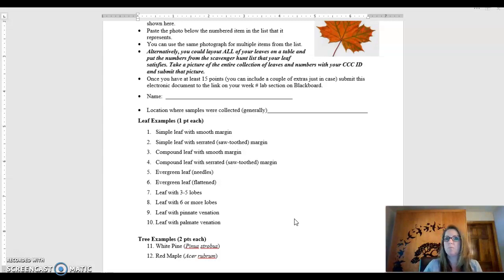To save you some time, you could do that with all your leaf samples, put them on the table, maybe stand up on a chair and take a picture so that I can see all of your collection. Make sure that when you email it to yourself, you do that at the highest resolution, because I'll probably have to zoom in to see what you wrote.